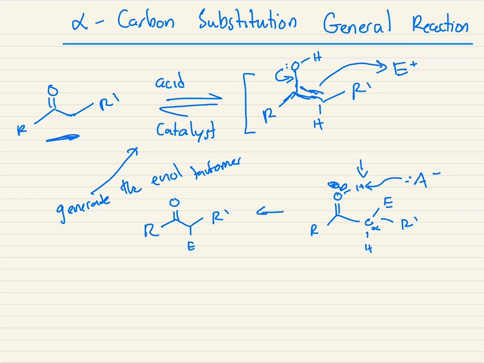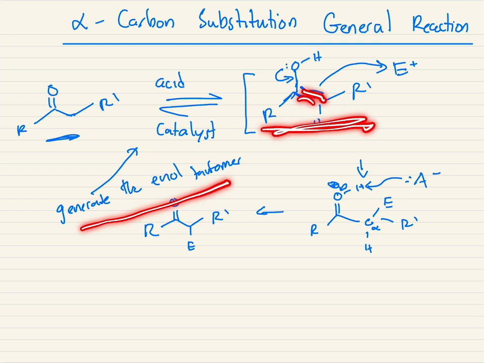Originally, we started with 2 hydrogens here. And then at the end, we only ended with 1 hydrogen there, right? So in the generation of the enol tautomer, we lost one of the hydrogens to create this double bond. So that's where we got rid of a hydrogen.